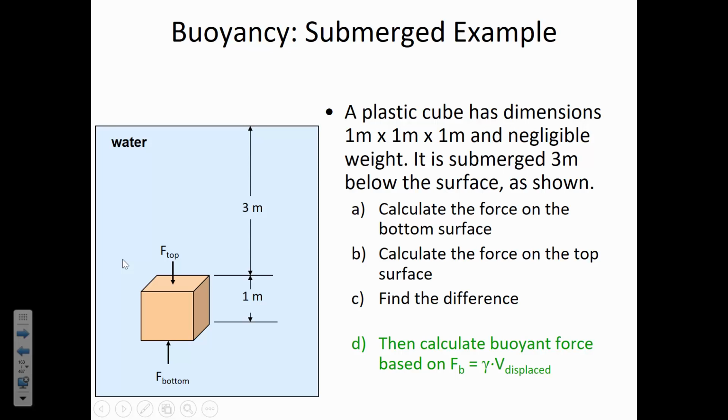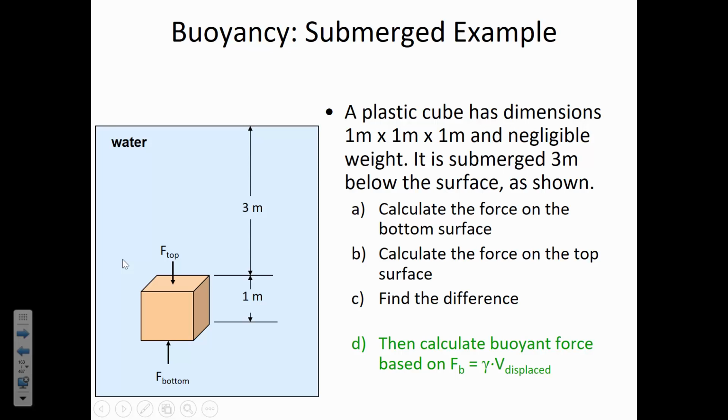The depth, delta H, times gamma will give us the pressure, and then we're going to multiply it by that bottom area of a 1 by 1 cube. It's oriented such that it's completely flat on the bottom and the force is acting straight up on that. So the delta H is 4 meters, that's how deep that bottom is. 9810, since we've just got water in this one. And then the area is a 1 by 1, so 1 square meter.